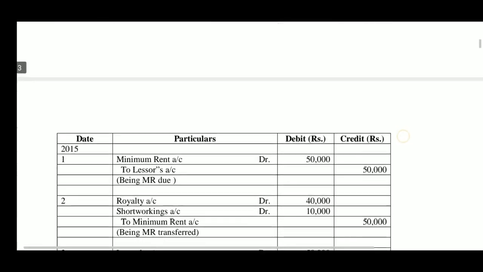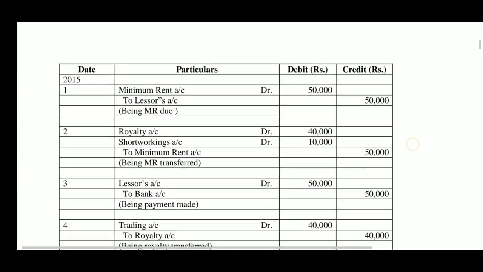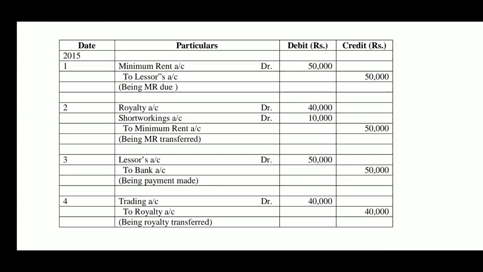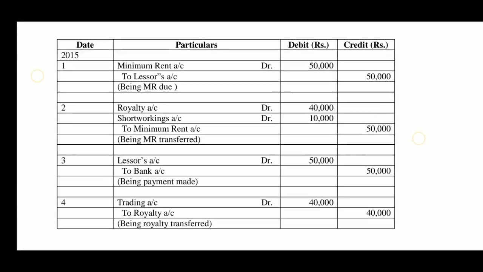Now, see the second year 2015, same entries are repeated because in the year 2015 also there are short workings, but just the amount will vary. Minimum rent account debtor to lessor's account 50,000 being minimum rent due. Here minimum rent is also 50,000, same amount, same entry. But in the second year, the second entry is similar to the second entry in the first year, but the amount varies.